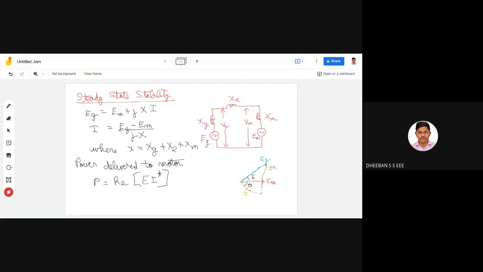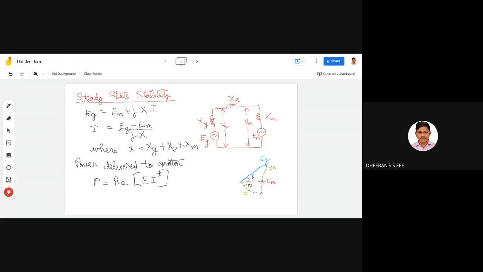Now you can see the excitation at the motor, that is, the load voltage and the load current. The angle between the load voltage and the load current will be your theta.